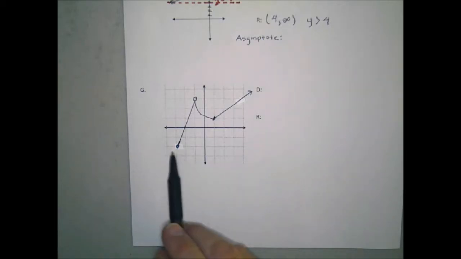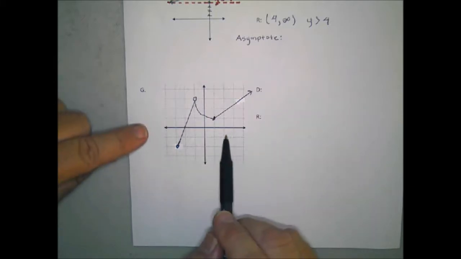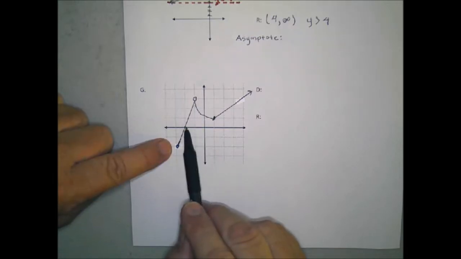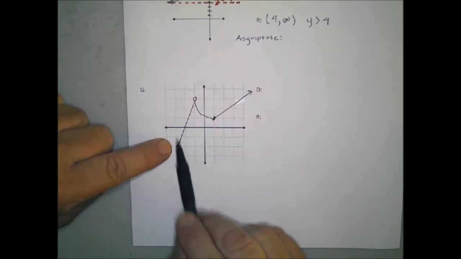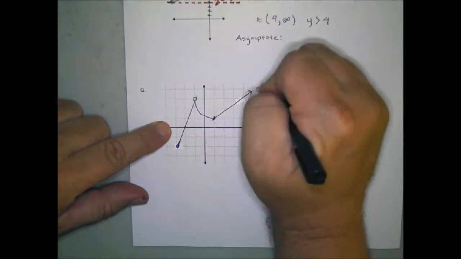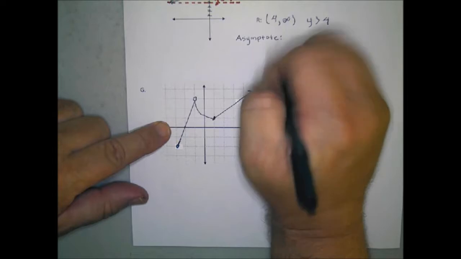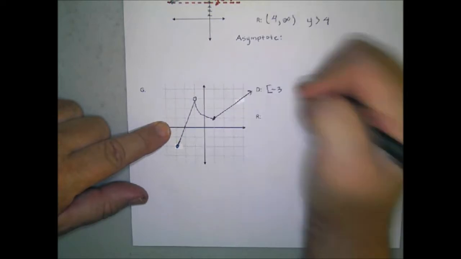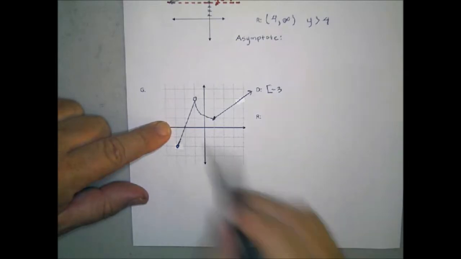Well, domain. This doesn't go to the left forever and ever. As far as the x's are concerned, this graph comes alive at 1, 2, 3, at x equals -3. And we actually do use -3. So I'm going to close -3.